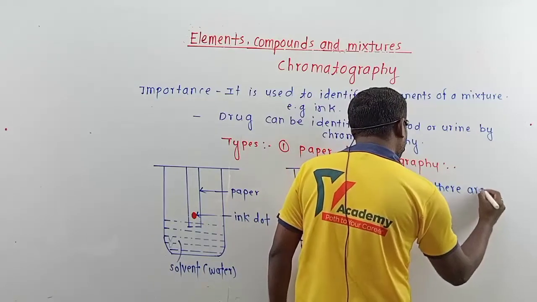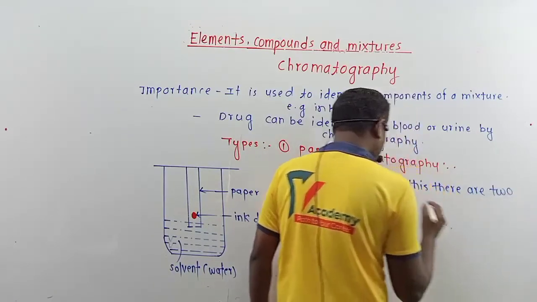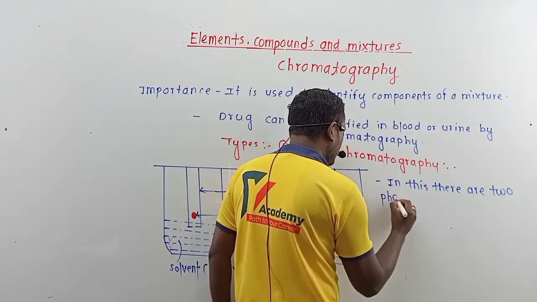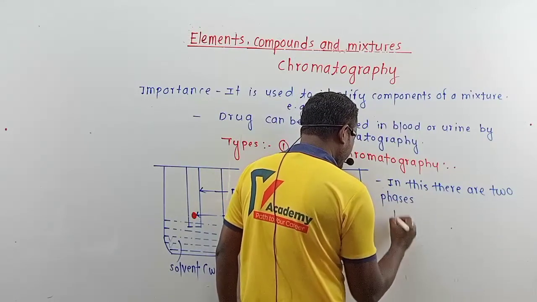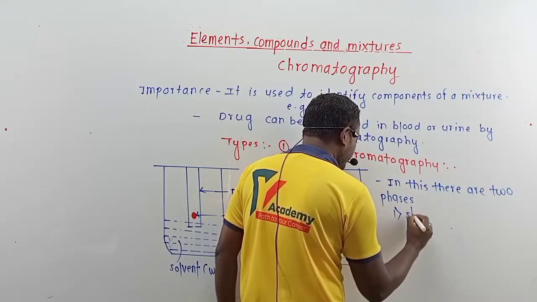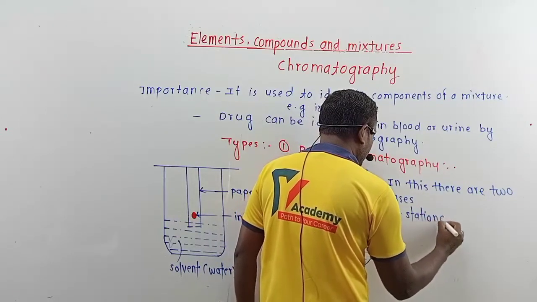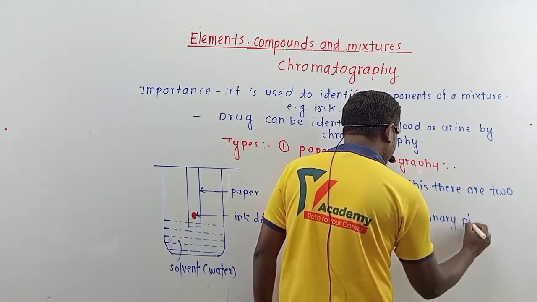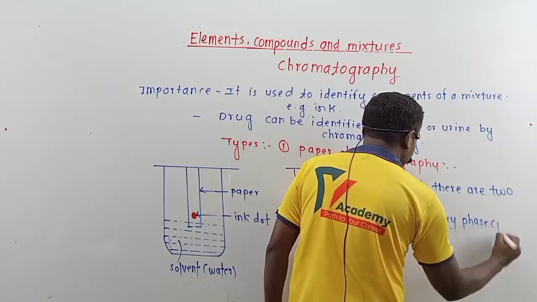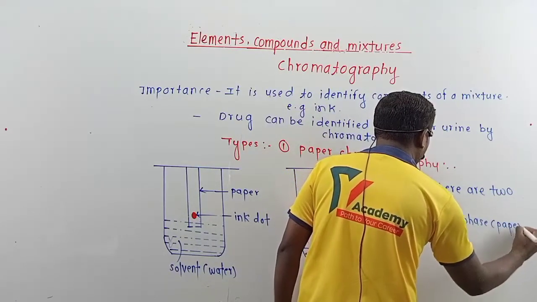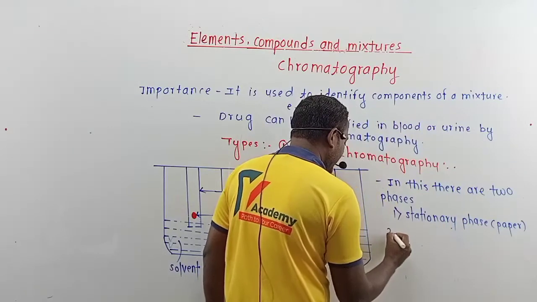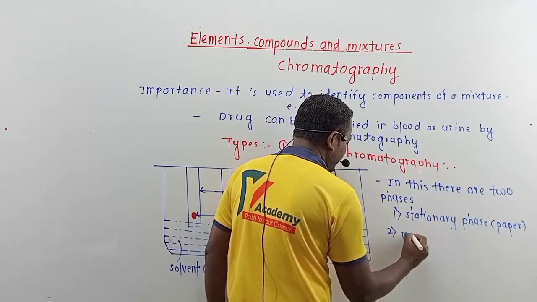First one is the stationary phase, and that is the paper. And second is the mobile phase.